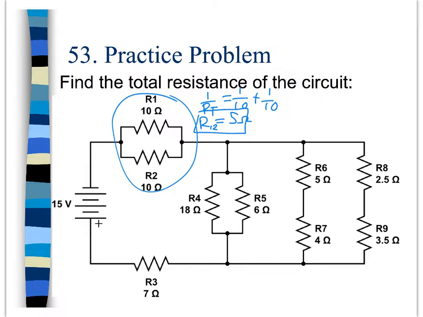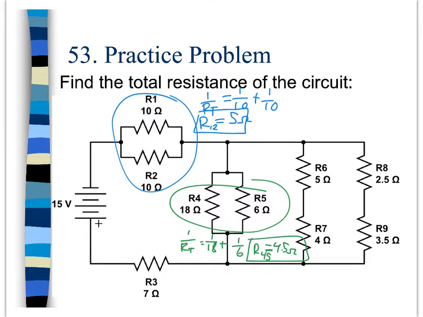We can look for another simple combination, like what we have here. So 3 and 4, so 1 over RT is equal to 1 over 18 plus 1 over 6. And when we combine those 2 resistors, we end up getting a total resistance here of 4.5 ohms, so that's going to be R45. We also can combine these 2 in series, 6 and 7, and so for that we're just going to add them.